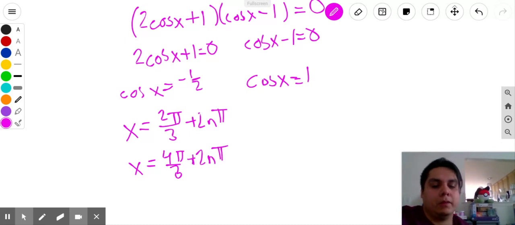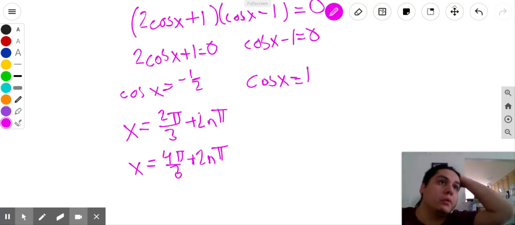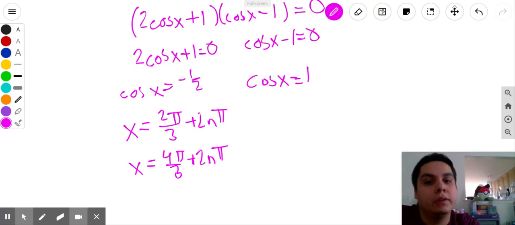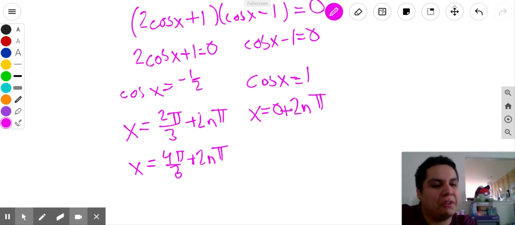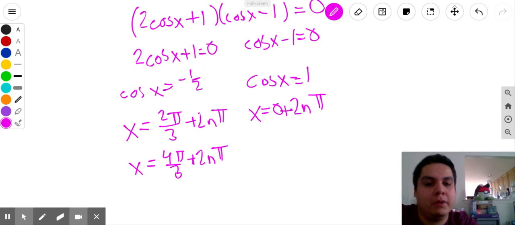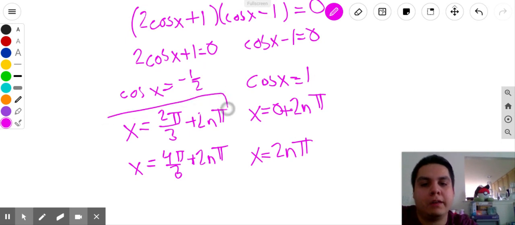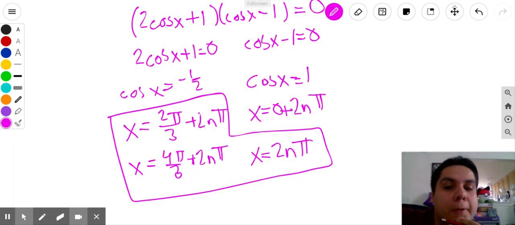And if I look at cosine of x is equal to 1, cosine of x is equal to 1 at 0. So x is equal to 0 plus 2n pi. But if it's 0 and you add it to something, 0 doesn't change that something. So really my answer is just x equals 2n pi as well. Again, with the caveat that n should be an integer value.